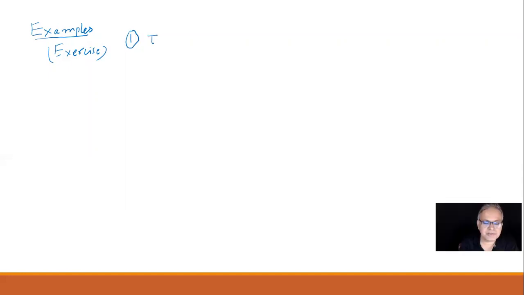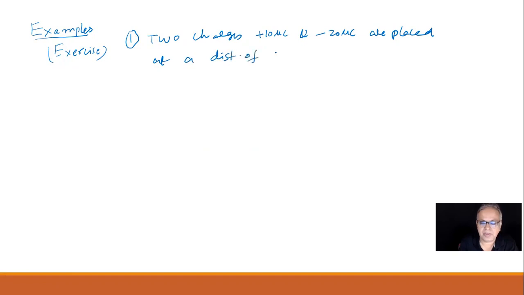Two charges, plus 10 microcoulombs and minus 20 microcoulombs, are placed at a distance of 20 centimeters in air.